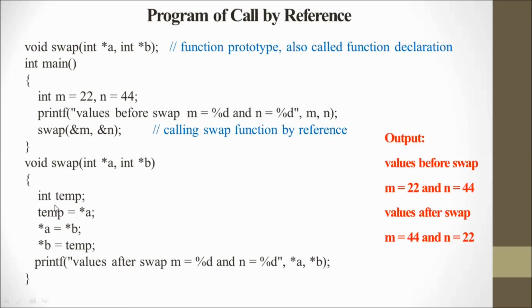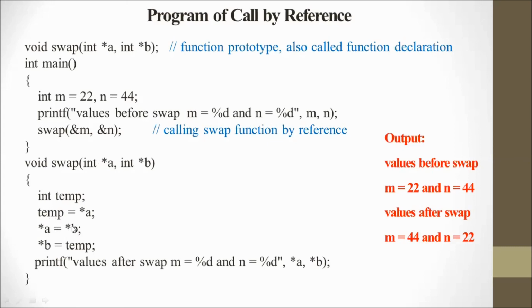Okay, so here we use the same process for swapping. int temp equal to, here we use pointer a, meaning we use the original value, so the original value will be copied to temp. And here we also use pointers. We can use the original values to exchange them with each other, a to b.